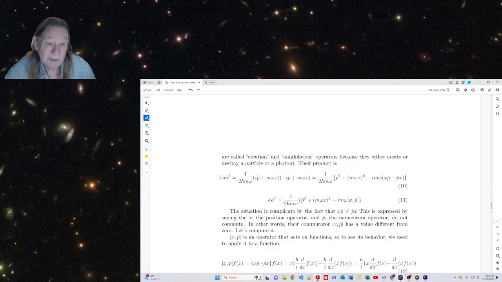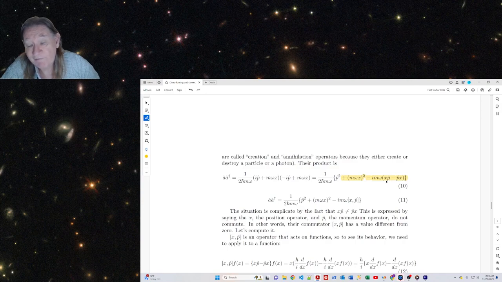So if you take the product of these two operators, A and A dagger, this is what you get. And if you rearrange the terms, this is what you get. Now, this might look kind of funny. I've got xp minus px, and you might think, well, that's just 0. Well, it's not, because the order matters when you're taking derivatives and multiplying by functions. So xp minus px, this should be familiar from my introductory remarks.